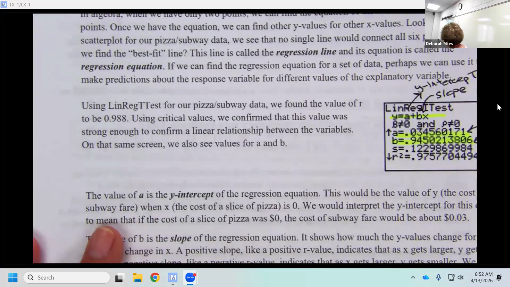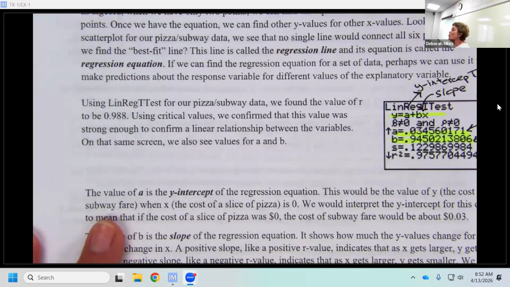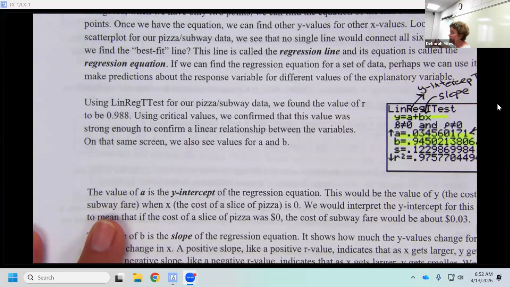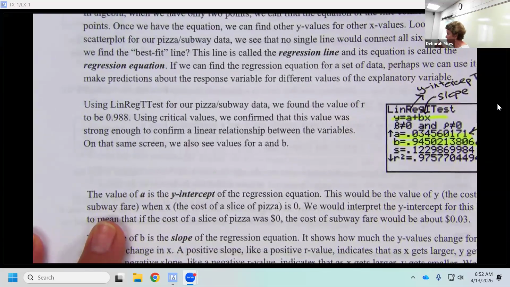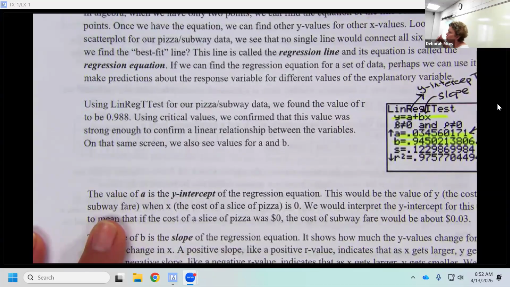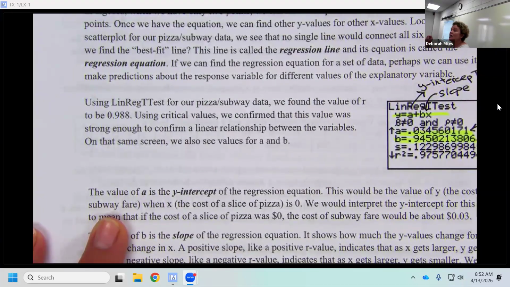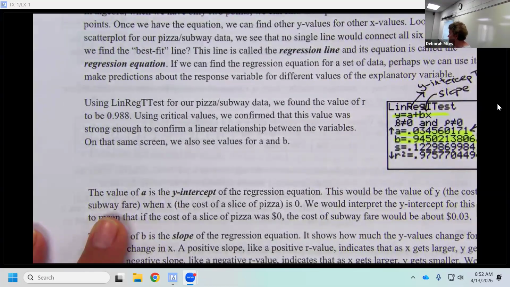The value of A is the y-intercept. The y-intercept is, in algebra, where the line crosses the y-axis. What do you know about all the x's on the y-axis? If a point is on the y-axis, what's its x? 0. Because you haven't gone left or right.